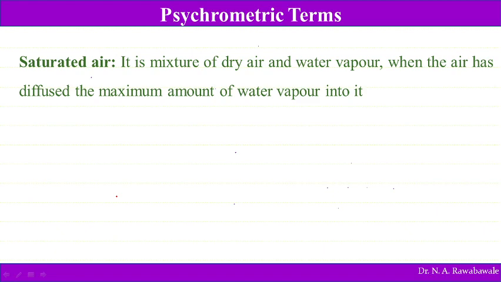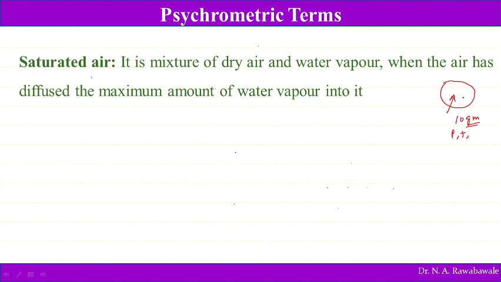In the same way, at a particular temperature and pressure, air has a capacity to hold water vapor up to a particular mass. Beyond that it cannot hold water vapor in suspension. Say 1 kg of air is taken, and at a particular temperature and pressure it can hold only 10 grams of water. This 10 grams of water holding capacity at the given pressure and temperature is known as its saturation capacity.